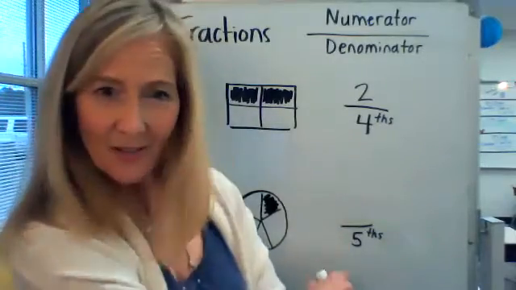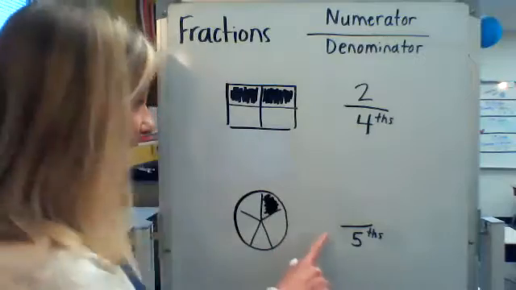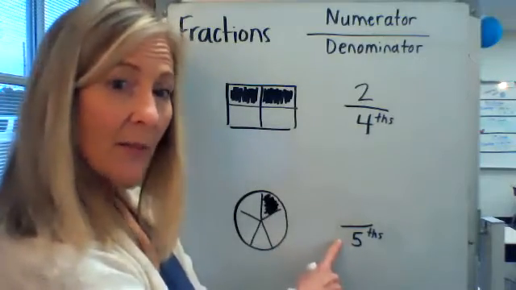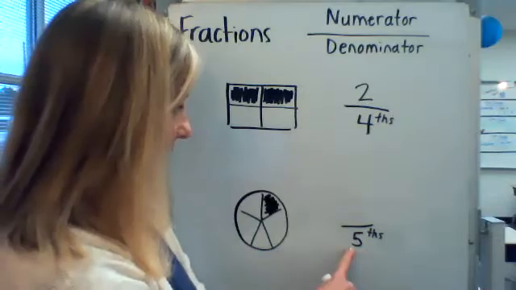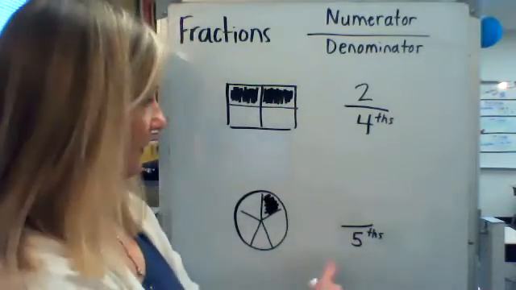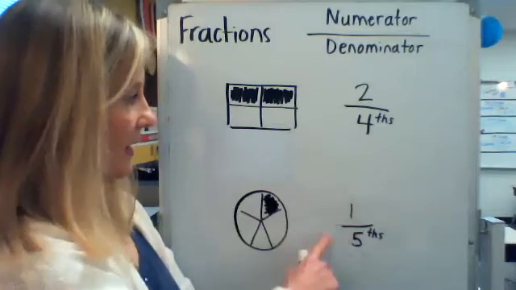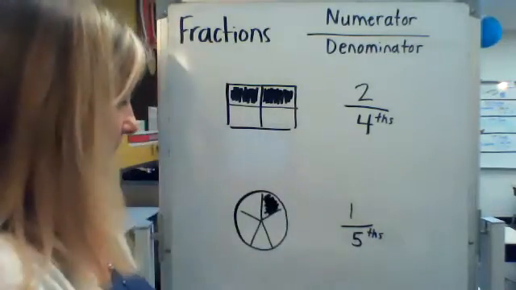Lots of kids get confused and think that's just a 5. But we know that's not a 5, that's fifths, and it's describing how many parts make up the whole. Or another way of saying it, it's the name of the unit, like a label. And we have 1 of them. Since we're just describing 1 of the unit, we call that a unit fraction.